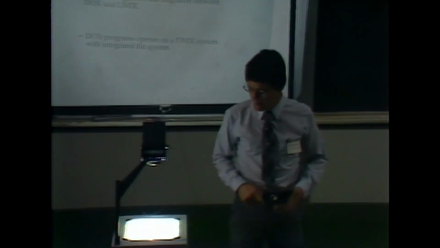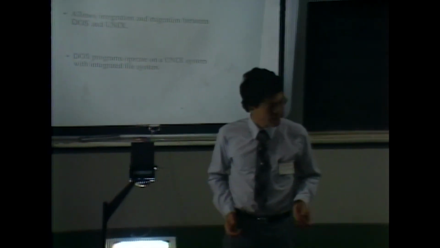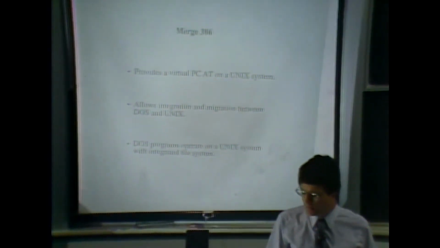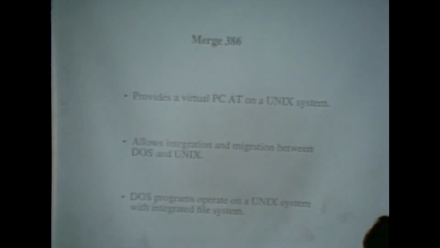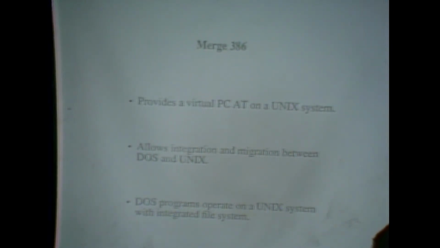Merge 386 provides a virtual PC AT on this Unix system. The processor itself has the basic support necessary to virtualize an 8086, 286, or 386 operating in real mode or unprotected mode, where the addressing is real mode addressing.